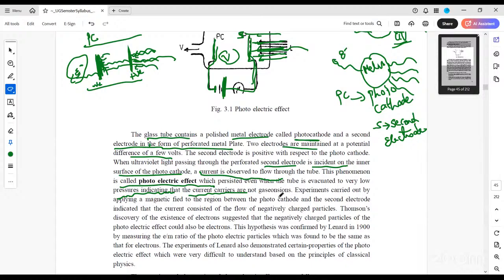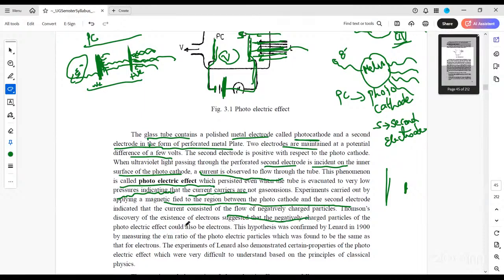Next, an experiment is carried out applying a magnetic field to the region between the photocathode and the secondary electrode. What happens at that time? Negatively charged particles flow.